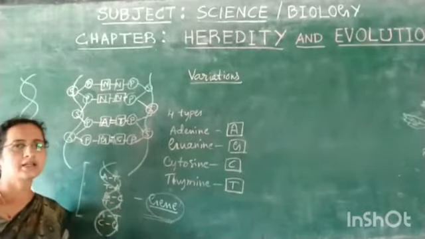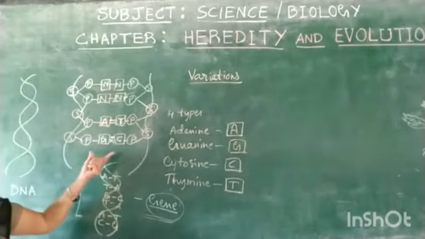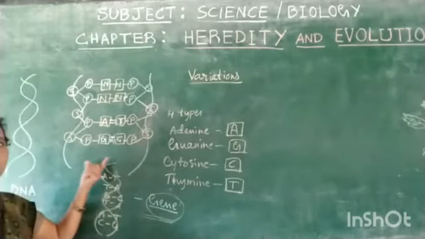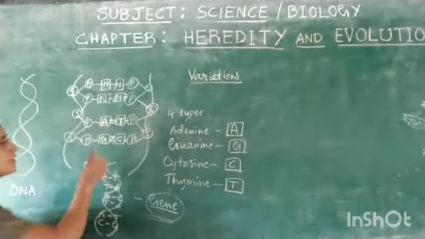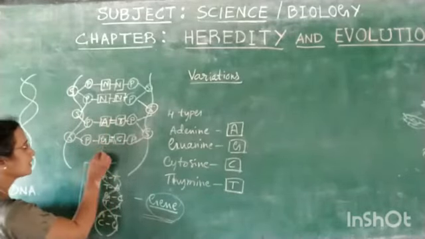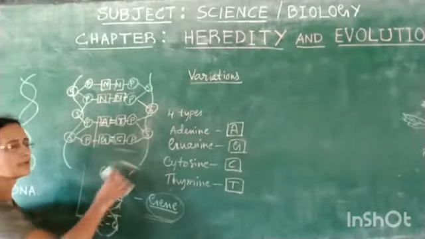When a strand of DNA is undergoing replication, that is, it is getting doubled, for one nitrogen base, suppose A, T, G, C, then T, A, C, G. While it is getting replicated, sometimes there may be changes in this DNA synthesis.